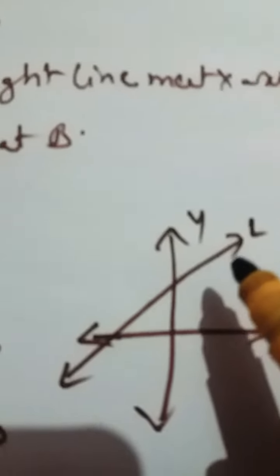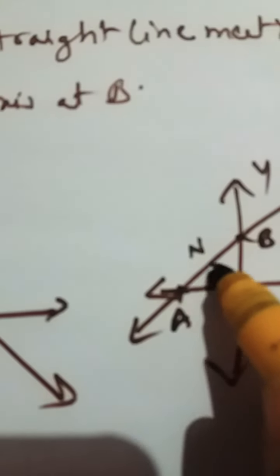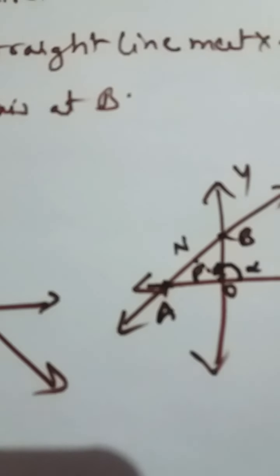Here, the perpendicular segment makes an angle alpha with the x-axis. Now, in the second quadrant, line L meets the x-axis at A, y-axis at B, and ON is perpendicular whose distance is p, and it makes angle alpha with the x-axis.